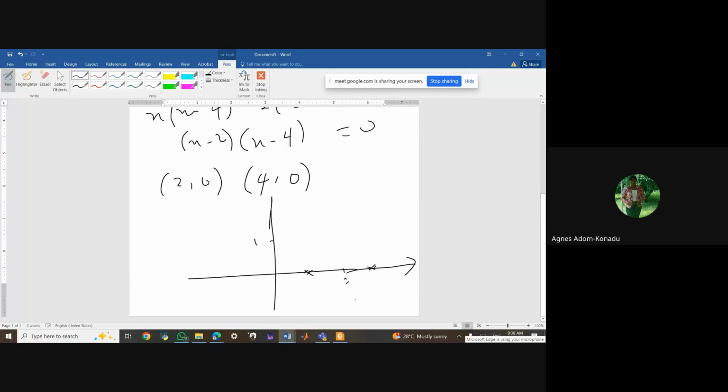So I have (3, 1). So it means that the graph will look like this. And then the axis of symmetry is this. This is x equal to 3. So this is the graph.